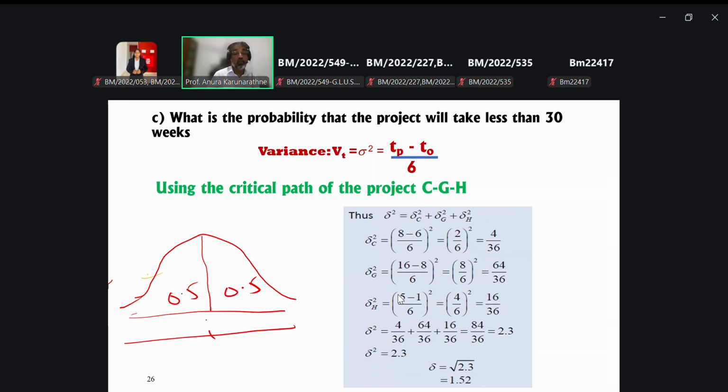This is Z zero, this is the real variable. This is mu equals 20. We obtain that mu as per the critical path.